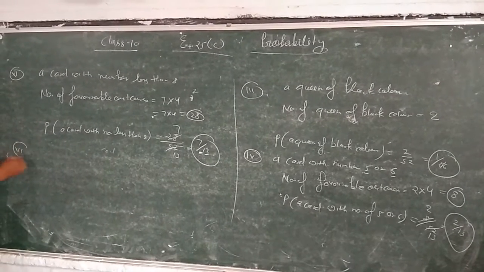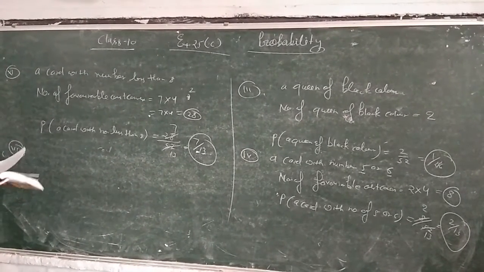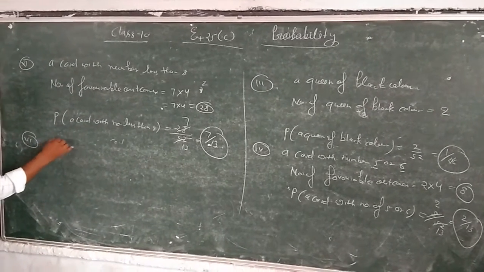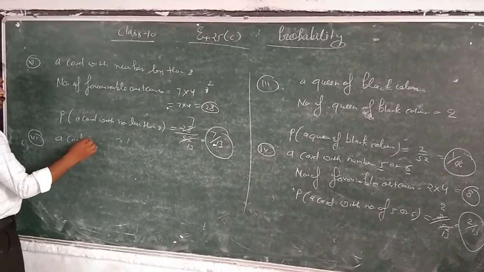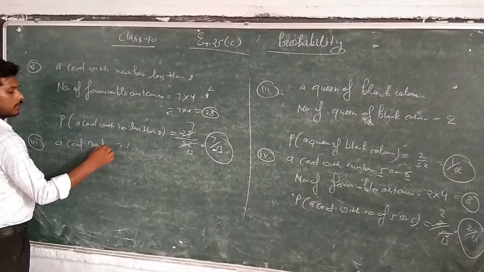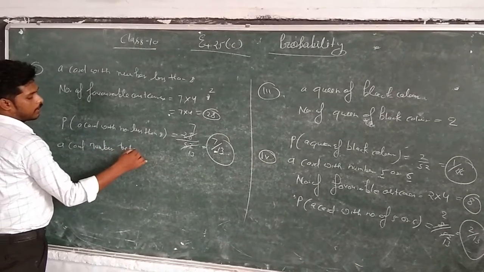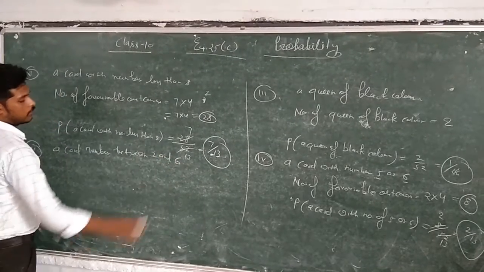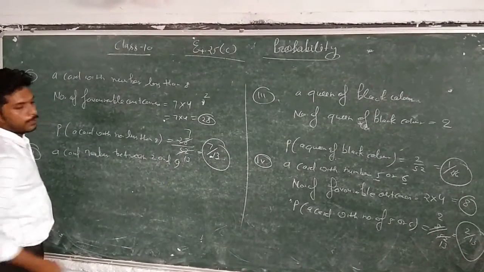Now this is the last point of this question. You have to find the probability of a card with number between 2 and 9. There are 6 numbers between 2 and 9.